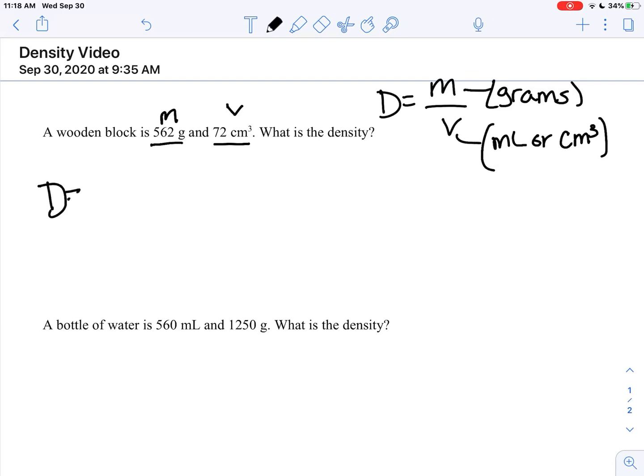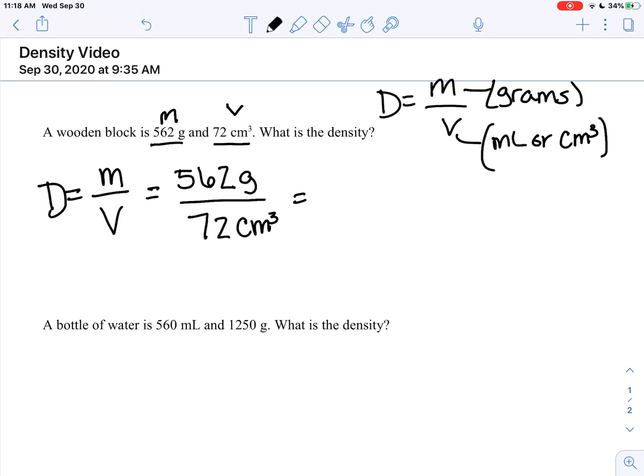So then I take my formula and I just plug in the numbers that I have. M is going to be 562 grams over V, which is 72 centimeters cubed.